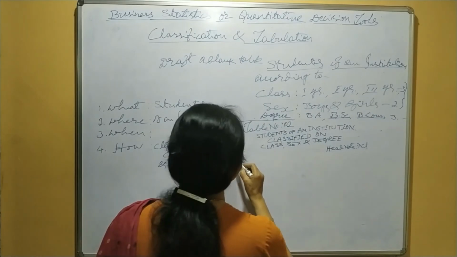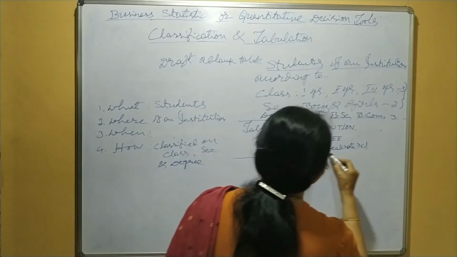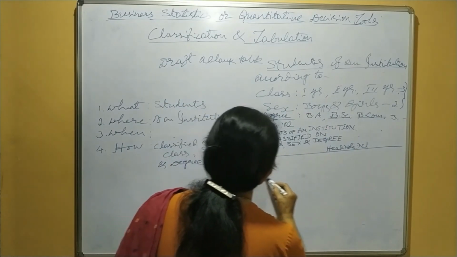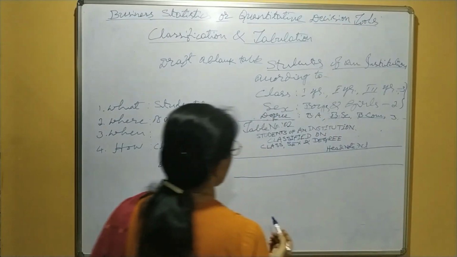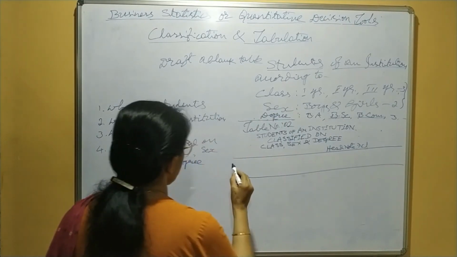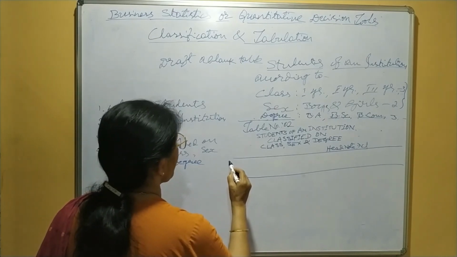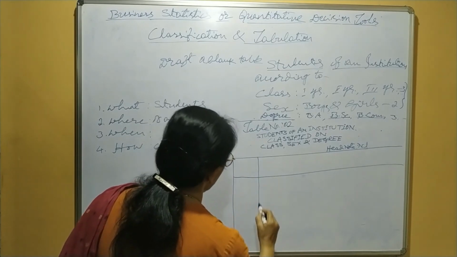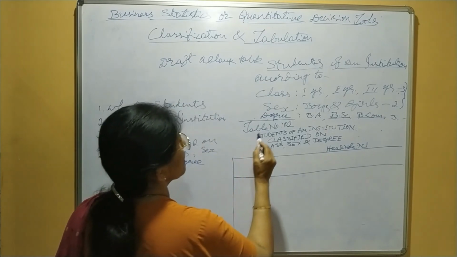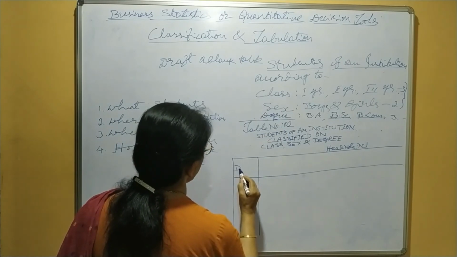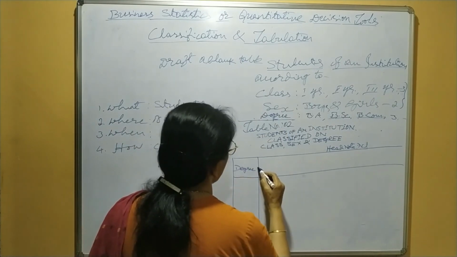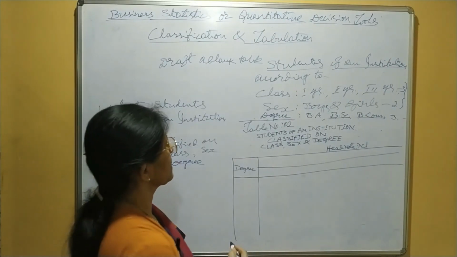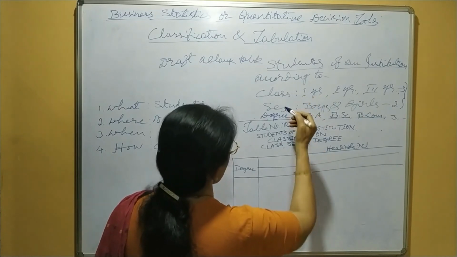Now here, to the rows we take degree, and here we have to accommodate 2 characteristics, class and sex.